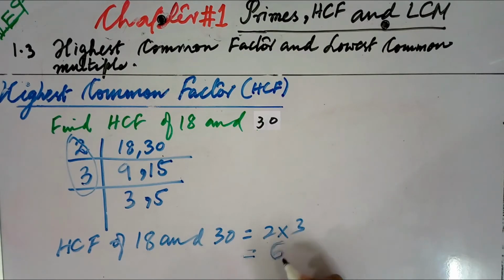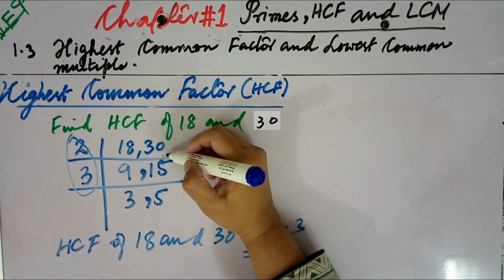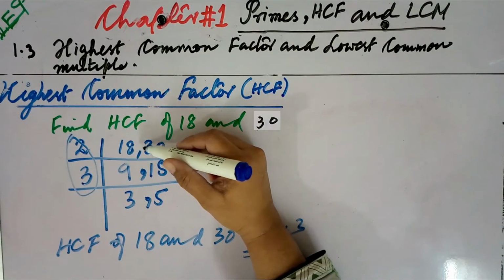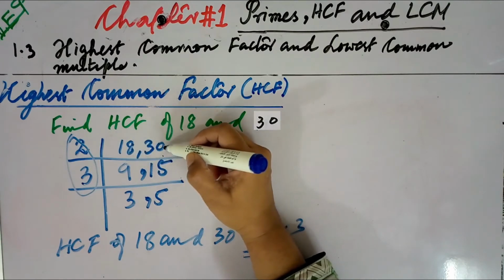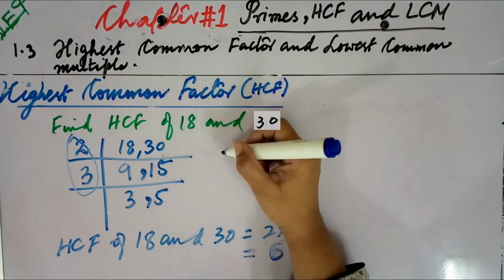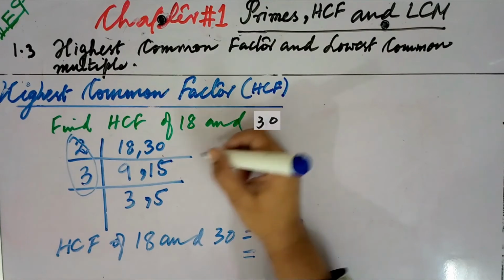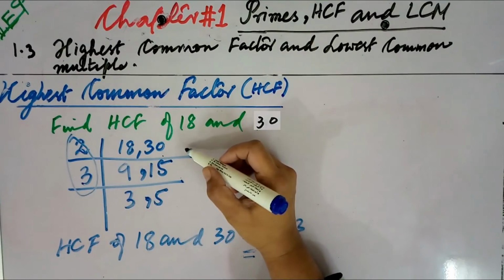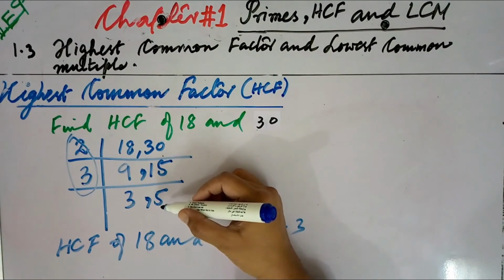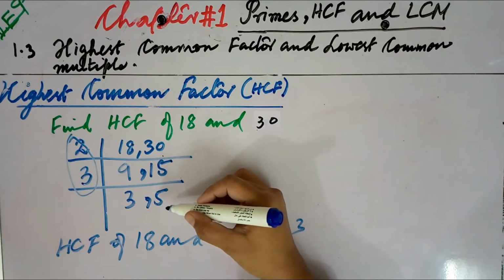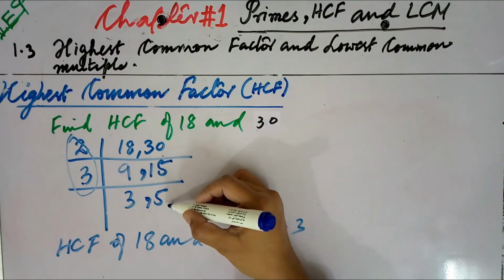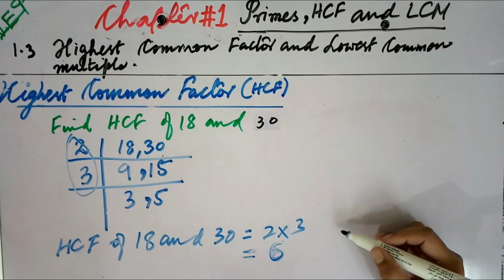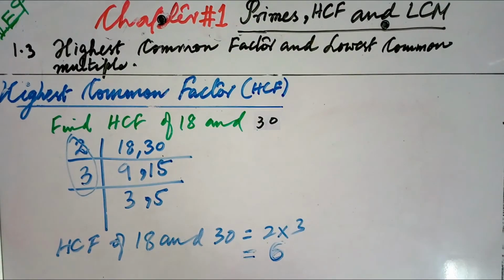Keep it in your mind that the numbers you divide can be more than 2 also, as 3 numbers or 4 numbers. What will you do? You will divide with the common prime factors. So you will stop dividing when there are no common prime factors. Got it? So we have completed our highest common factor. Both the methods are done.